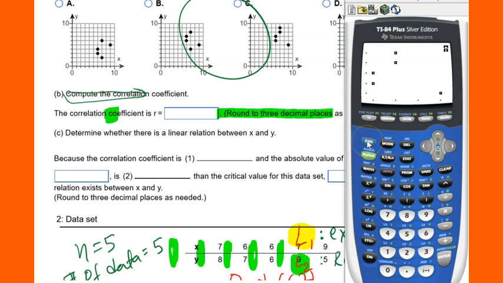You press second and 0, which brings you to the catalog. Under the catalog you have to find DiagnosticOn.